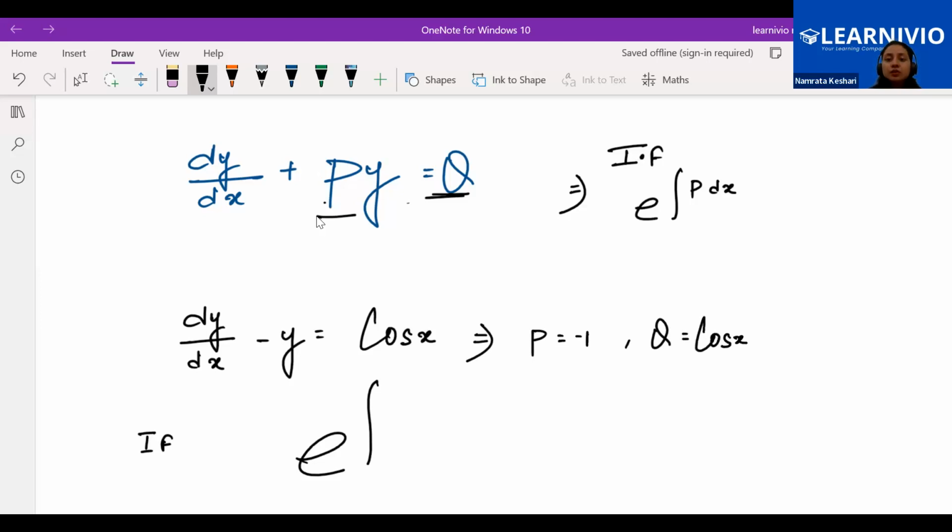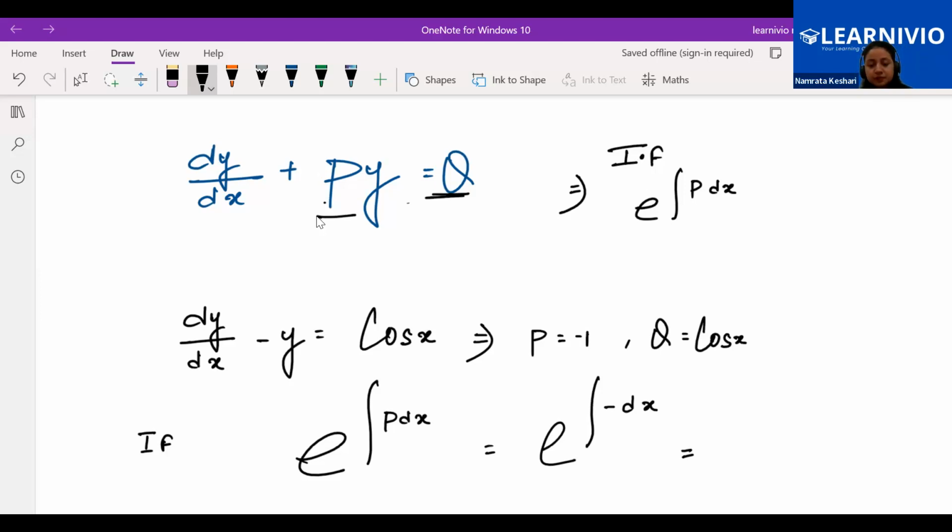Now we will find the integrating factor by taking P dx, right? Yes, ma'am. That means it will be e to the power integral of minus 1 dx. So e to the power, after doing the integration, what are we going to get as the integrating factor?